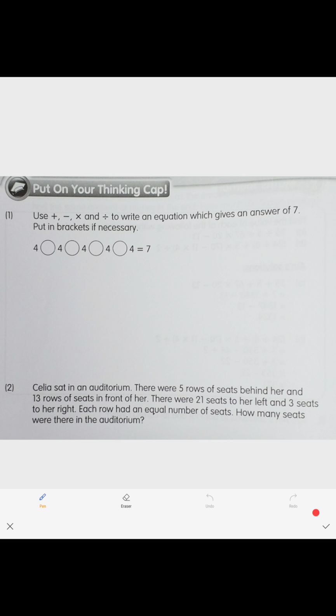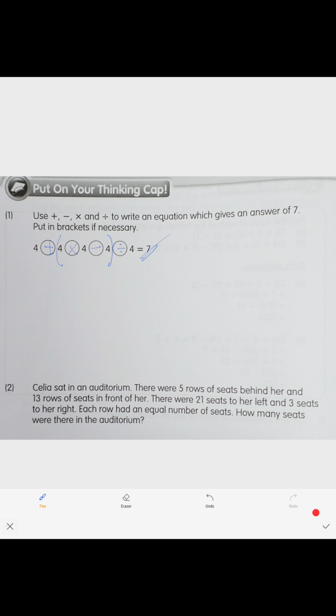I will show you one solution. You do plus here, brackets here, then times 4, minus 4, and then divide by 4. If you do it like this, you will get your answer. It will be 7. This is one of the solutions.